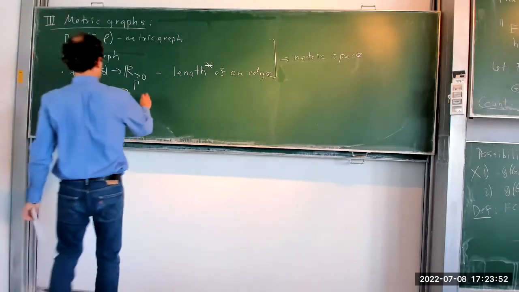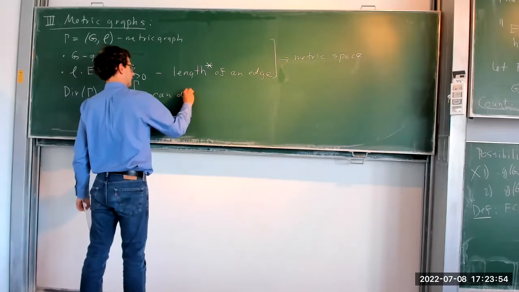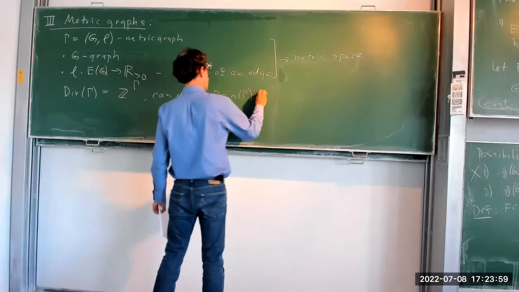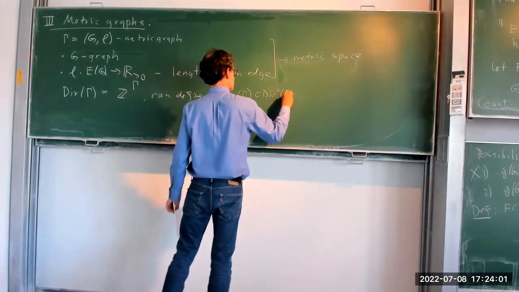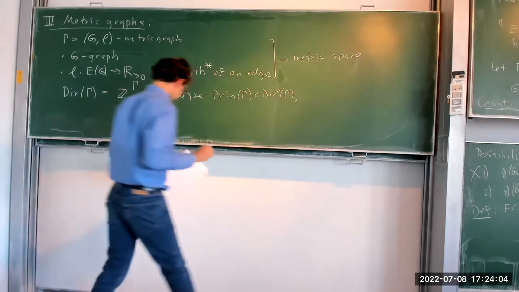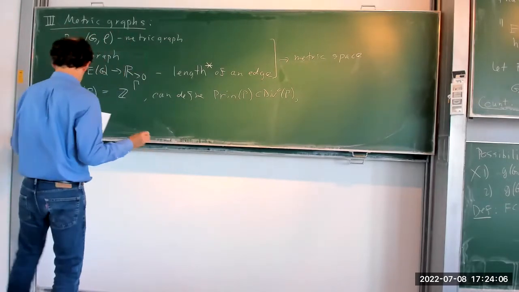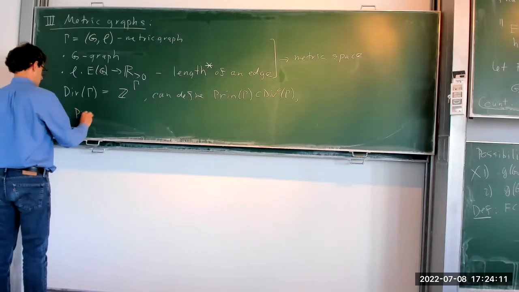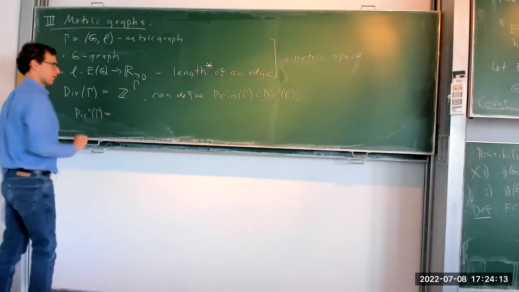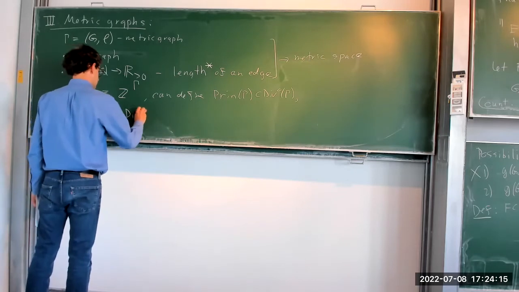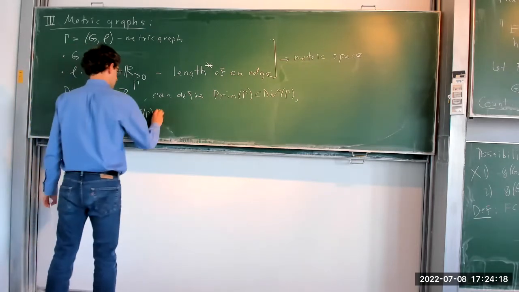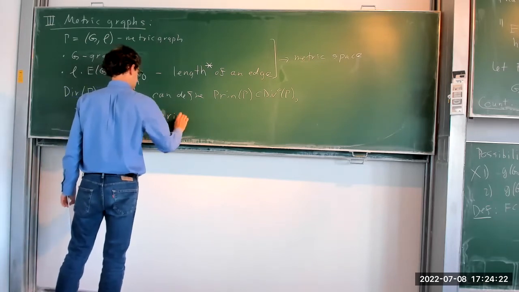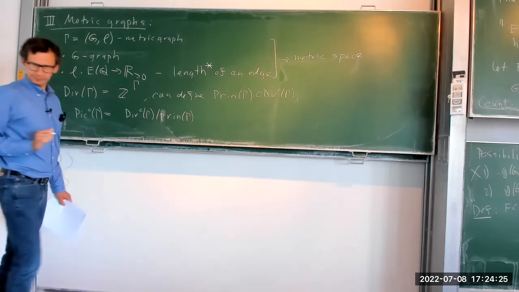So you can define principal divisors sitting inside the divisors of degree 0. And so then you can define the Jacobian, or I guess it's more accurate to call this Pic 0 of the graph, as Div 0 of gamma modulo the principal divisors. Okay.